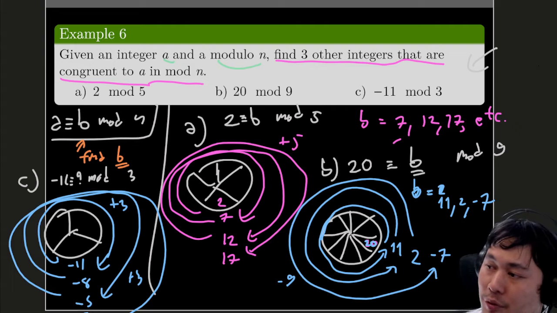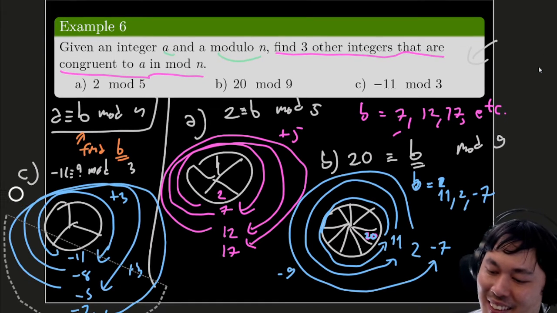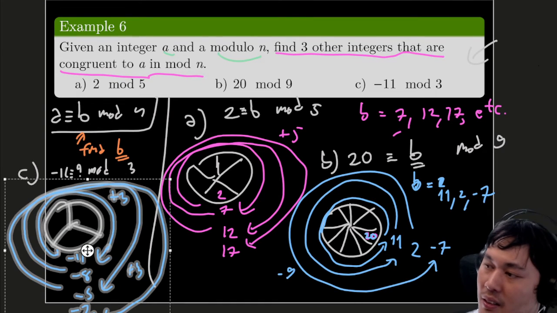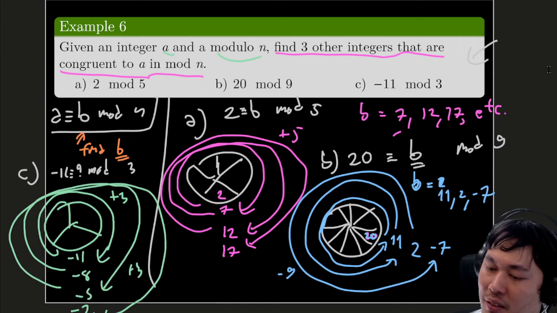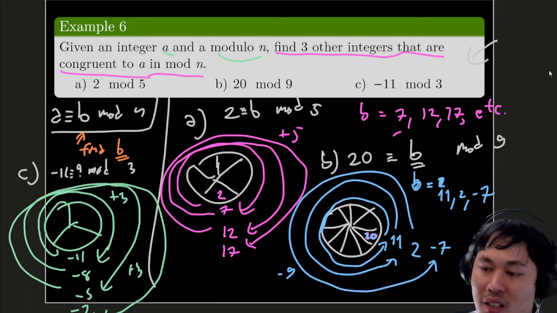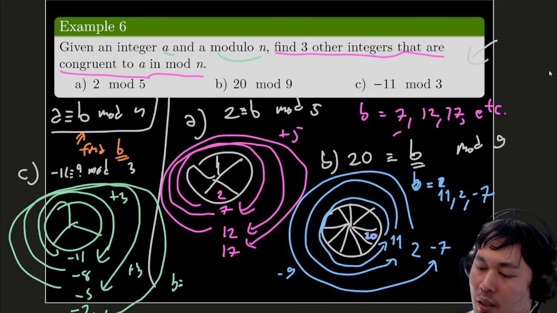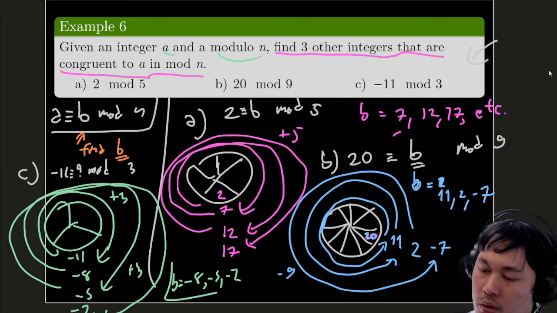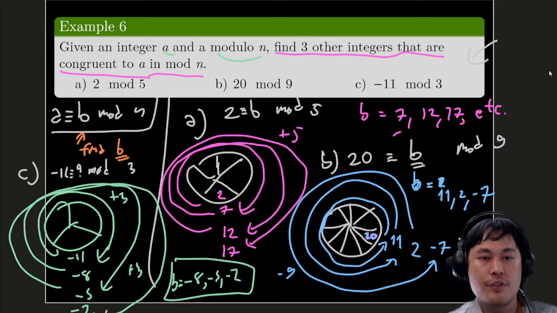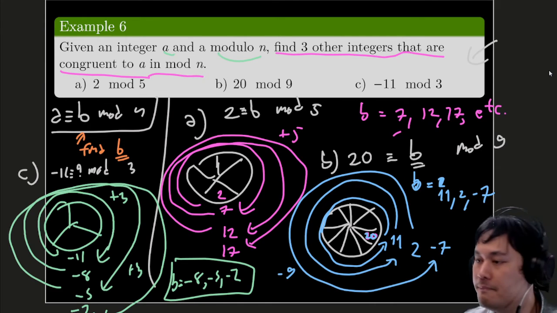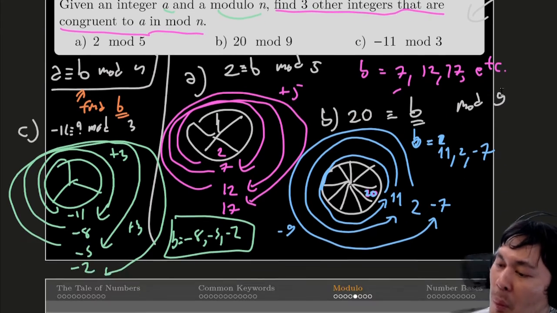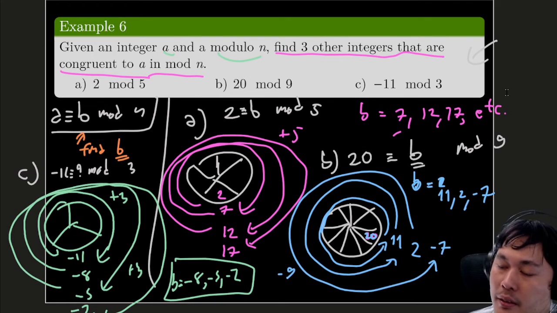But anyway, for c, the examples we found were b equals minus 8, minus 5, and minus 2. 3 numbers. That's how you find its friends.